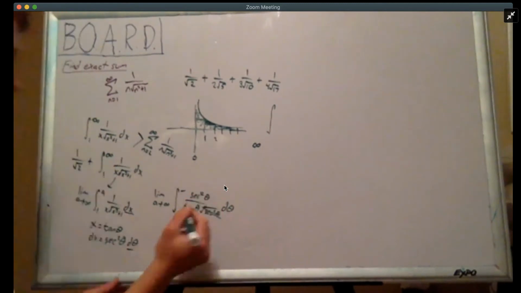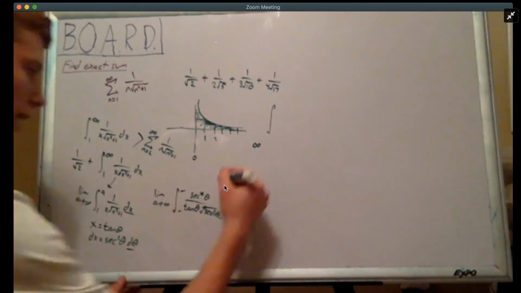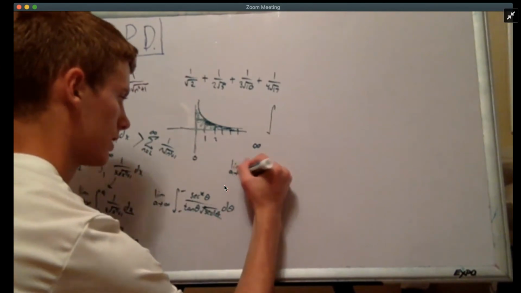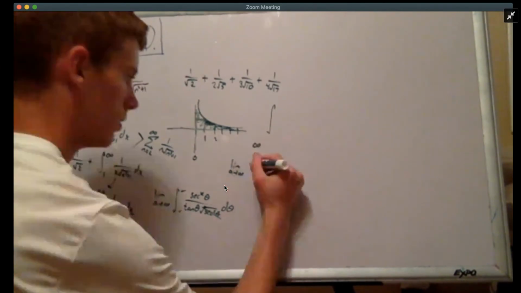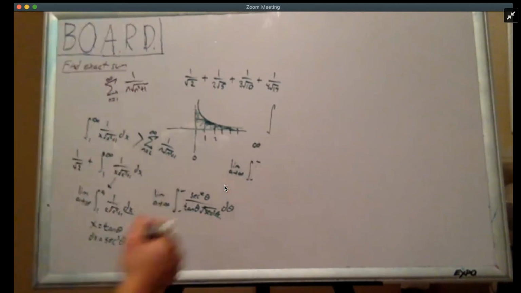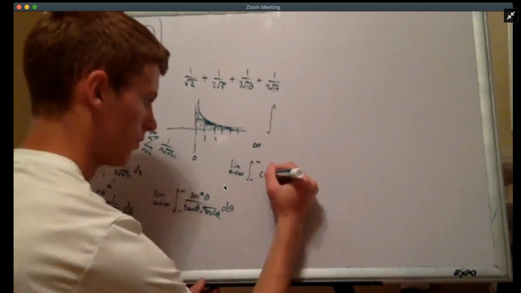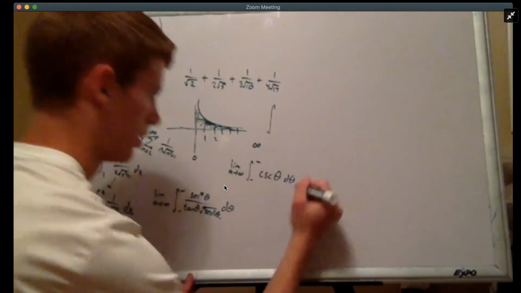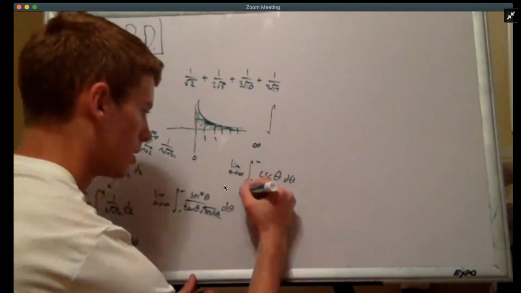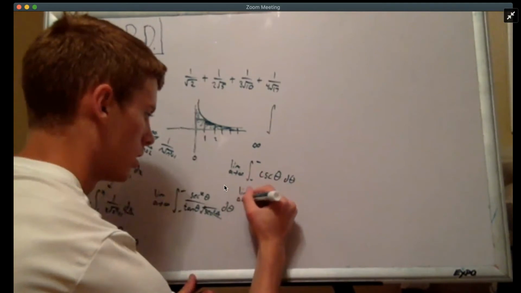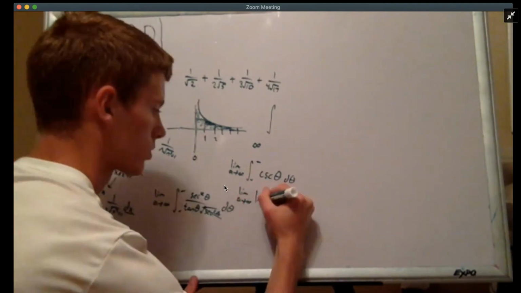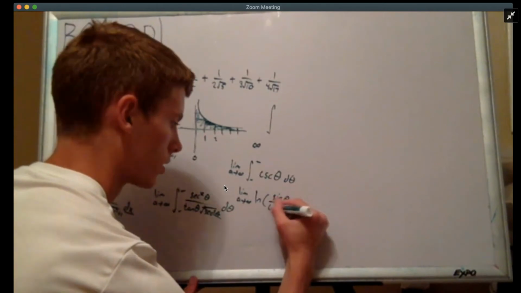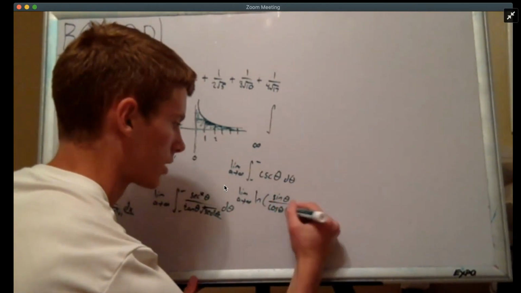It's going to take out one of those, and this simplifies to the limit as a approaches infinity of the integral from something to something of cosecant theta d theta, which is the natural log of sine of theta over cosine theta plus 1.